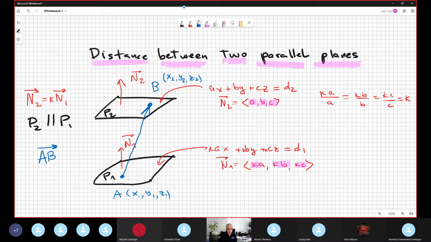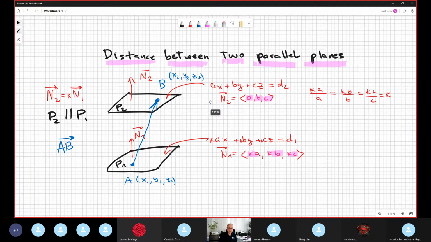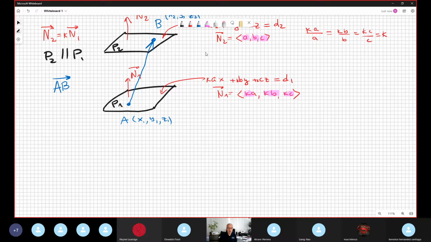It's because in the vector, geometrically, B is the arrow and A is the tail. Okay, so now it's super easy to compute that. Vector AB is the subtraction x2 minus x1, y2 minus y1, z2 minus z1. That's a vector. That's the angular bracket.